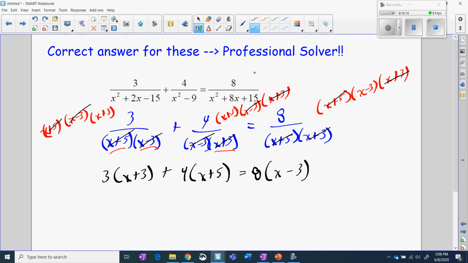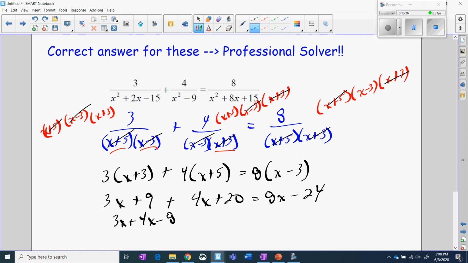That ugly rational expression equation has turned into this nice linear equation. 3x plus 9 plus 4x plus 20 equals 8x, subtract 24. Collect the x's on one side, so we're going to get 3x plus 4x, subtract 8x. I'm going to leave the negative 24 where it is and then move these two over.